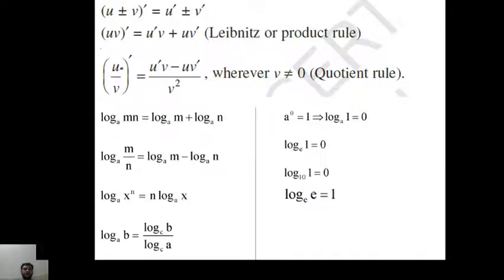If there are two functions u and v, u upon v whole dash, dash means differentiation, is equals to u dash v minus uv dash upon v square, means in denominator square of denominator, and in numerator denominator remains as it is, differentiation of numerator minus numerator remains as it is, differentiation of denominator.